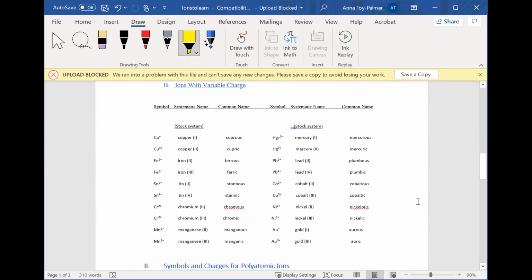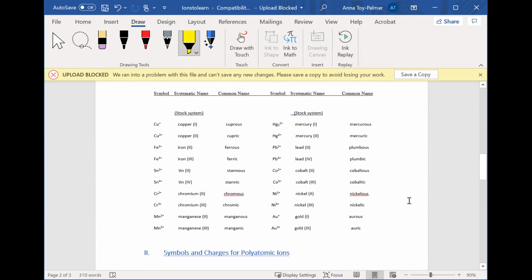All right. The variable charges. So remember mercury 1, or if I didn't tell you last time, I'm telling you now. Mercury 1 is unique because mercury 1 has 2 mercury atoms, 2 plus. So why do we call it mercury 1 if it's got a total charge of 2 plus?